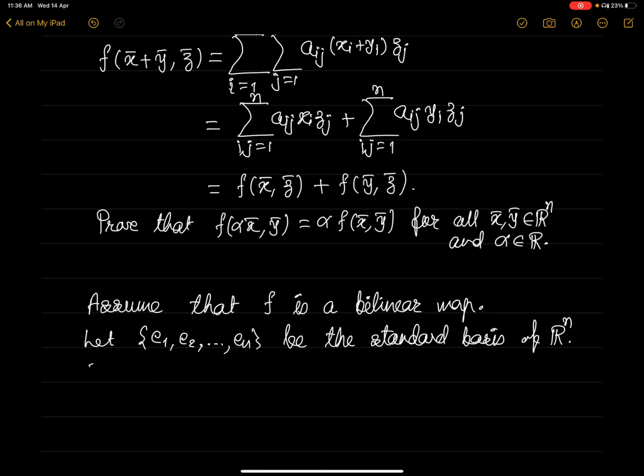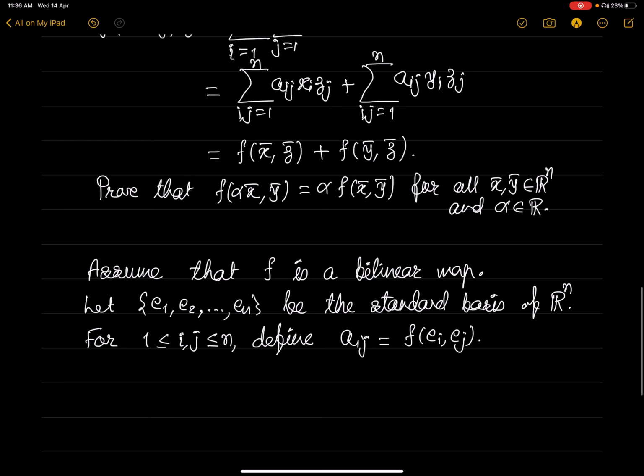So now we define Aij. For 1 less than or equal to i, j less than or equal to n, define Aij equals f of Ei, Ej. And what is our assumption? Our assumption is that f is a symmetric bilinear map.